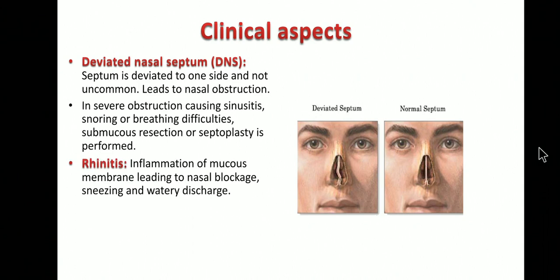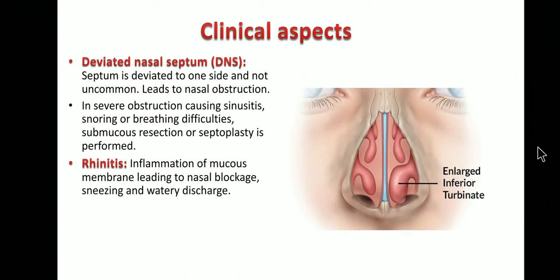Then rhinitis, which we all definitely experience. That is nasal inflammation of the mucosa leading to blockage of the nose, characterized by sneezing and watery discharge, which is commonly called a running nose. The exact term for the discharge is rhinorrhea.